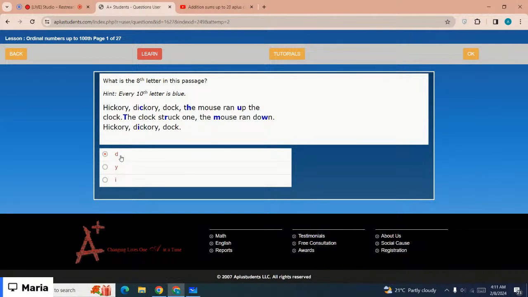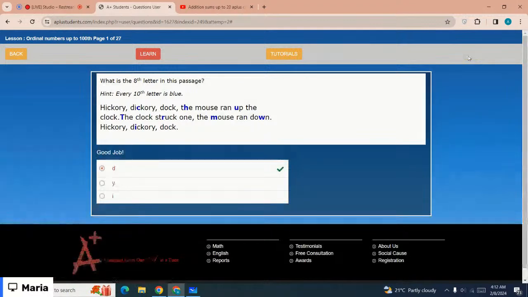We know that the blue one is at the 10th position, so you can see that is C. The correct option is D. D is at the 8th position.